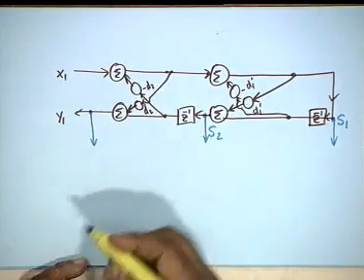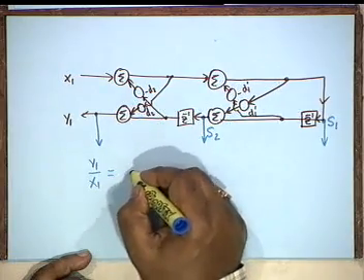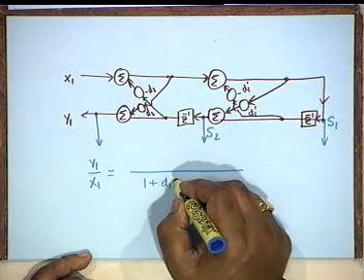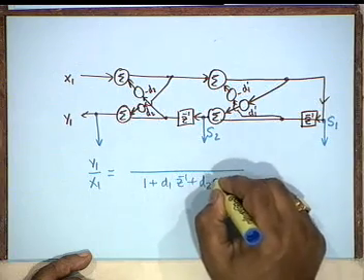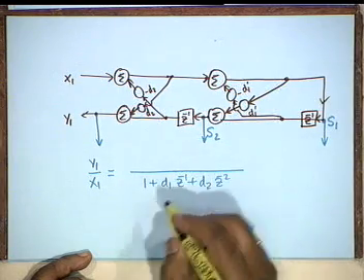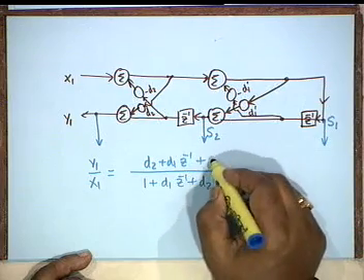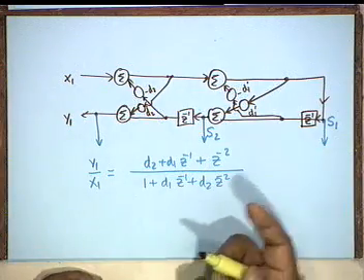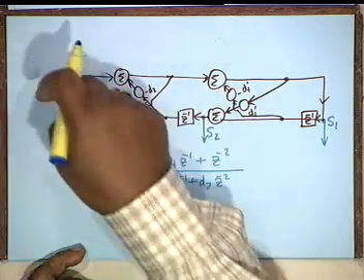Okay. Now, you know that Y1 by X1 is 1 plus D1 Z inverse plus D2 Z to the minus 2 in the denominator, and the numerator is D2 plus D1 Z inverse plus Z to the minus 2, this you know. Okay. Let us look at what is S1 by X1 and S2 by X1.